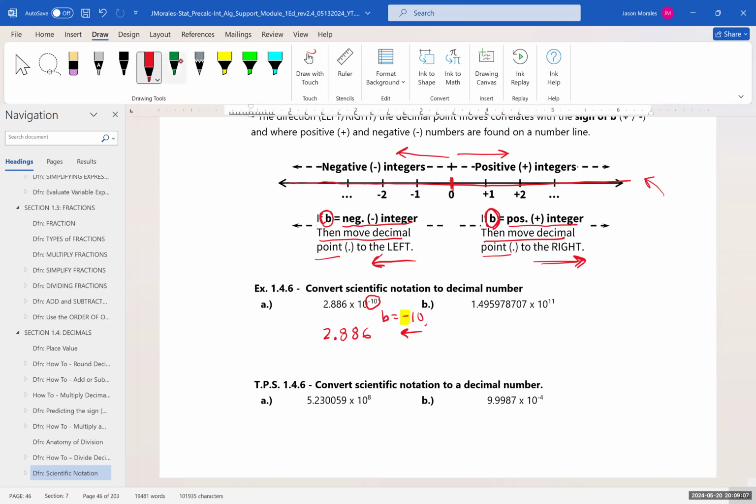So here it is. Let me use a different color. Starting here, we're going to move to the left 10 times. So 1, 2, 3, 4, 5, 6, 7, 8, 9, 10, and put a new decimal point. And everywhere that there's a gap, we just put a 0 for each gap.